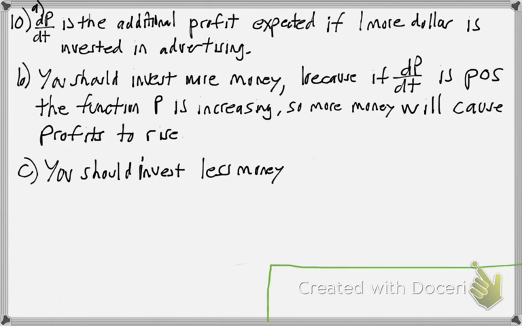You should invest less money because if dP over dt is negative, then the function P is actually decreasing.